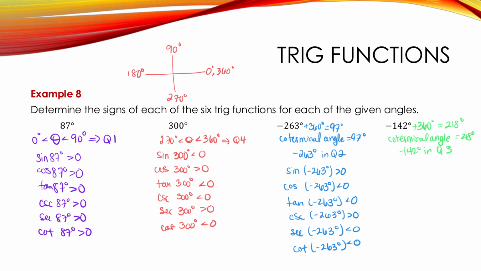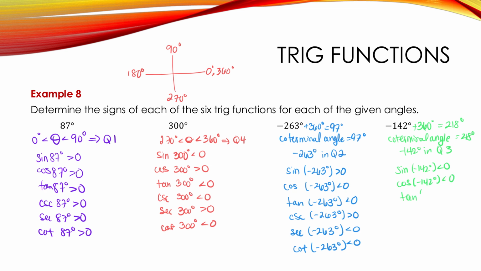In quadrant 3, remember, this is where we had a negative x and negative y, so the only trig functions that are going to be positive are ratios of x and y, which will give us tangent and cotangent. So sine here of negative 142 degrees will be negative. Cosine of negative 142 degrees will also be negative.